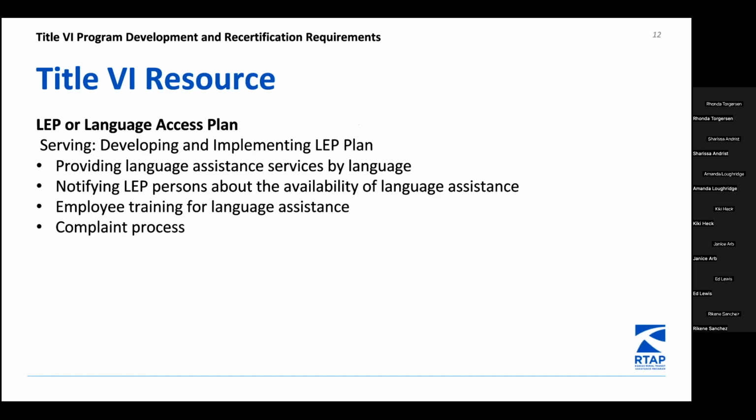An agency must define what language assistance services they will provide and how they will be available to the people that need them. The resource provides guidance on how best to identify which services would be most effective under certain circumstances.